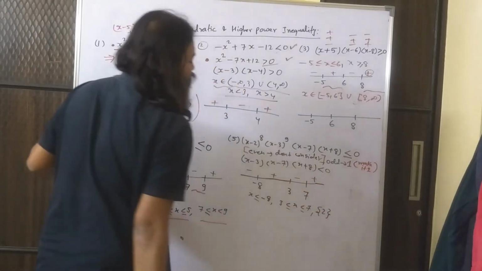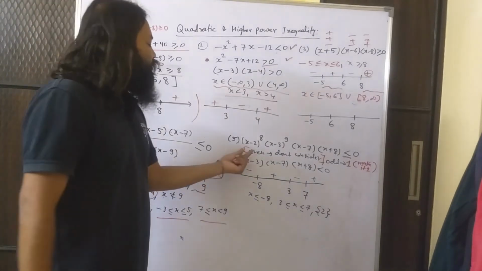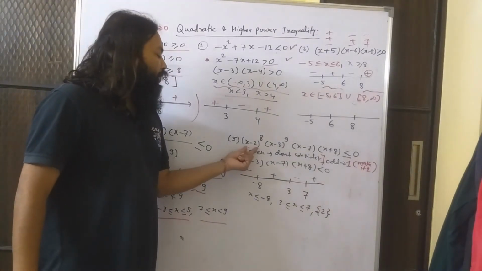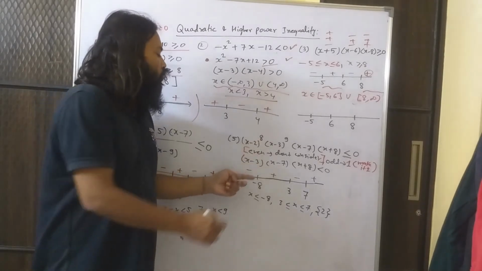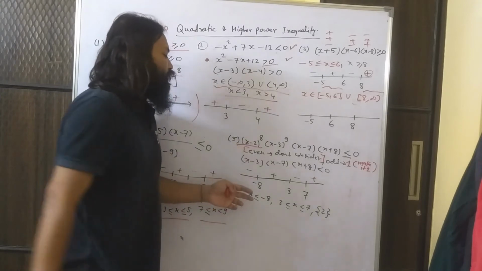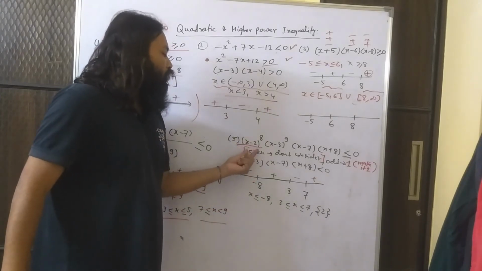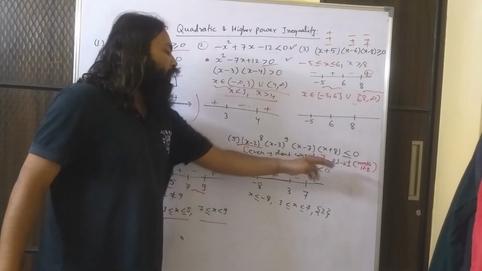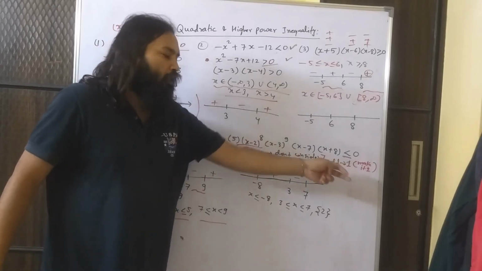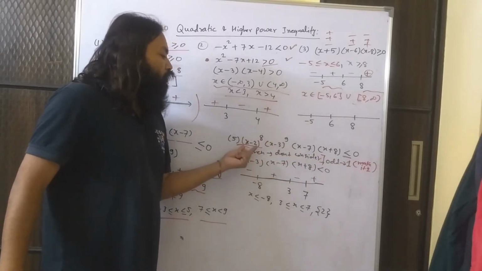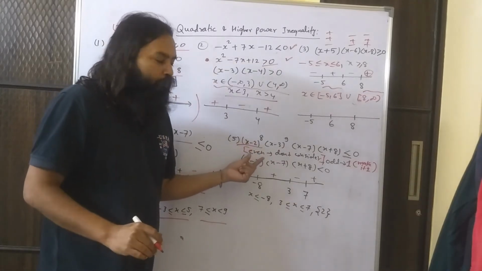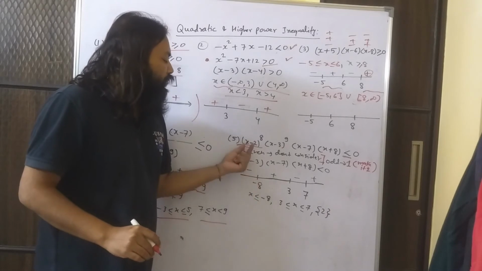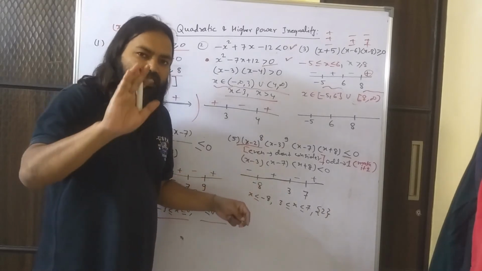See, now whenever you have a bracket, inside the bracket you can have a positive number or a negative number, but the even power of that will always be positive. So overall this term is positive. Now if I multiply by a positive number or if I divide by a positive number, the sign of the inequality doesn't change. So whether I consider this term or not doesn't matter, but there is a rider with that. So I need to consider it at last. Why, I'll tell you. Okay, so just first listen.